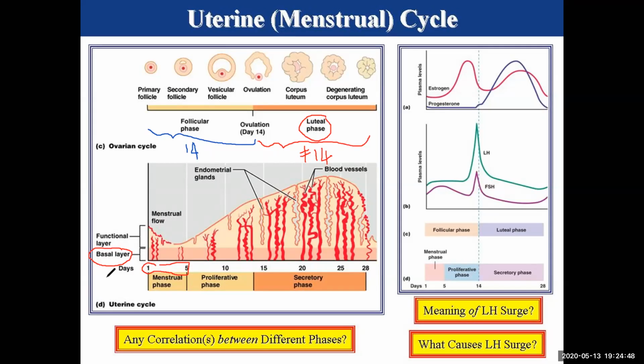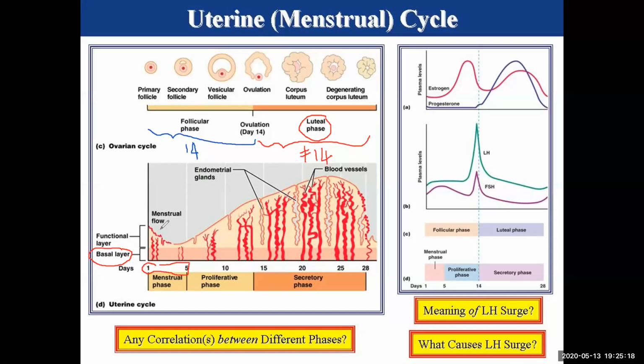The stratum functionalis starts to detach, and breaks open the vascularization, the blood vessels tear off. This is where blood comes out. So this is the menstrual flow. And that menstrual flow contains blood and also a mixture of epithelial cells coming from that stratum functionalis, the superficial layer of your endometrium that's being shed on a monthly basis.